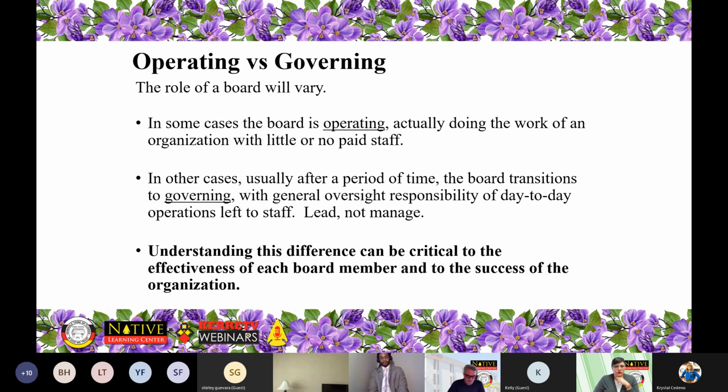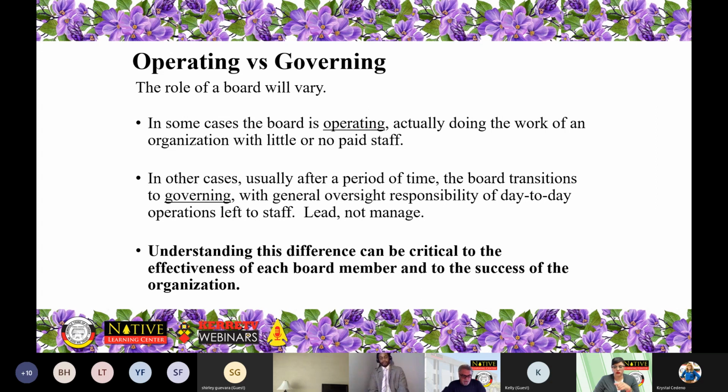We want to make sure that there is a clear distinction between the board's responsibility and the operation of the organization. And of course, as the organization grows and more staff are brought on to handle more and more complex procedures, whatever those may be, then most likely we're going to need some kind of staff person that is our point of contact, whatever you would call that person, a director, an executive director, a chief staff person.